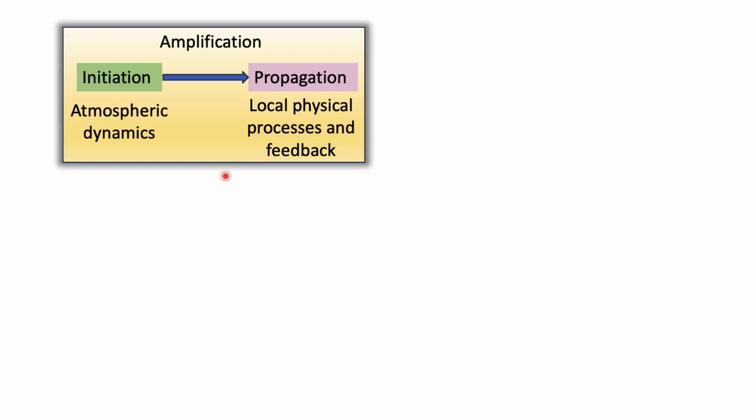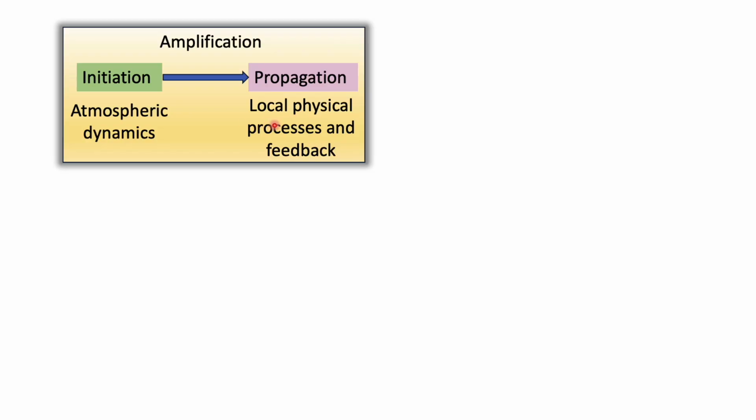We can say the initiation is based on the atmospheric dynamics that initiates the process, and this leads to the propagation, that means local physical processes and feedback. So the overall atmospheric change, that means the change globally, leads to local physical processes and feedback.